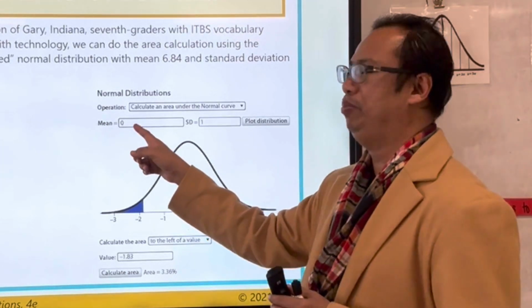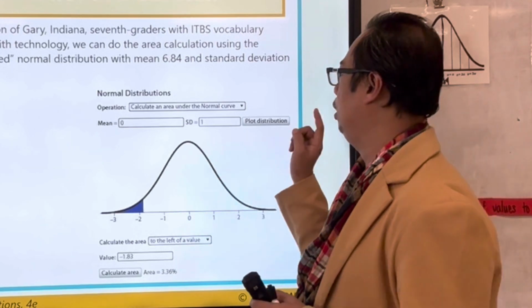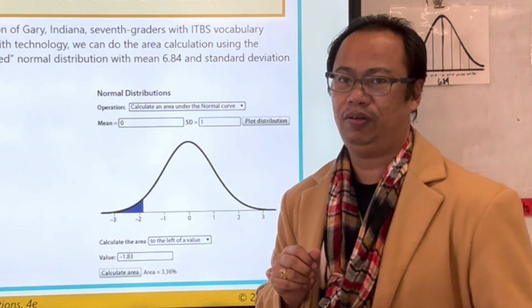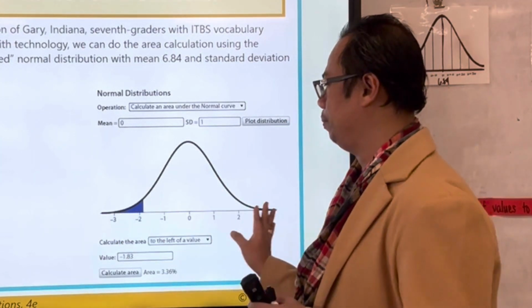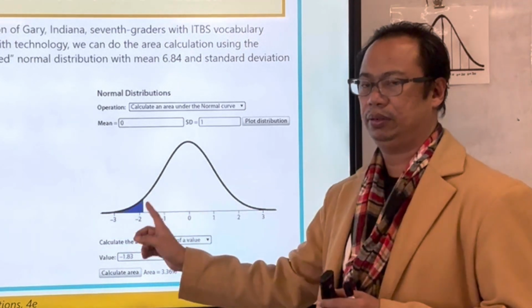Then you type the mean 0, then the standard deviation 1. Then click the button, plot distribution, and this picture will appear.